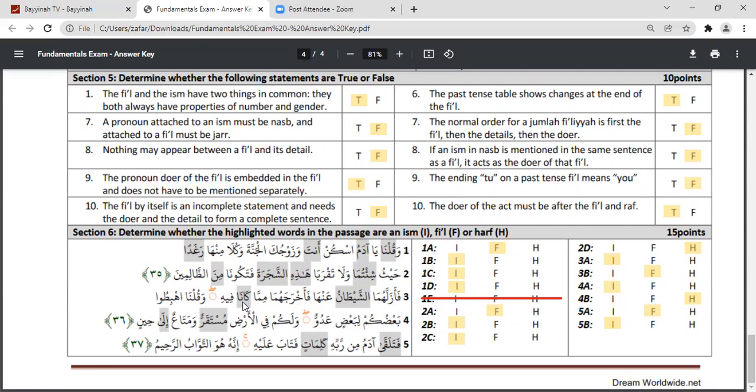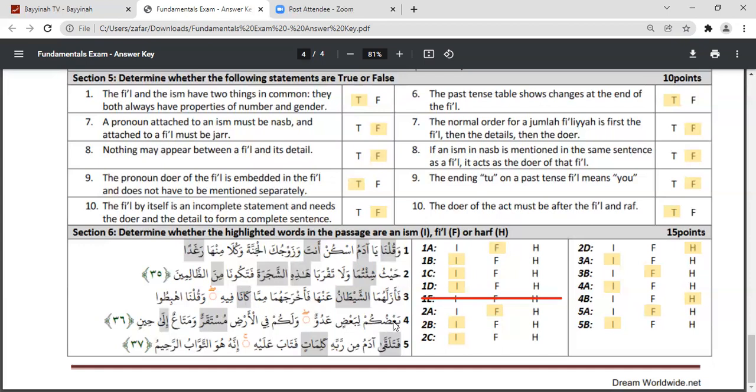Because this is dual, just to clarify, the noon alif fatha over here, some people might think that this is like nasaruna, but it cannot be, because if we remove the noon alif fatha, then just ka is not a fa'il. This is something that we haven't done so far, right? So 3b is basically a fa'il.